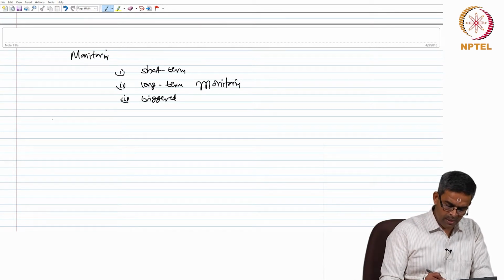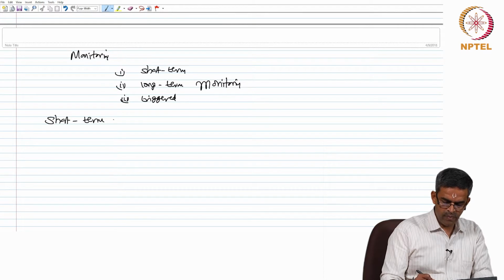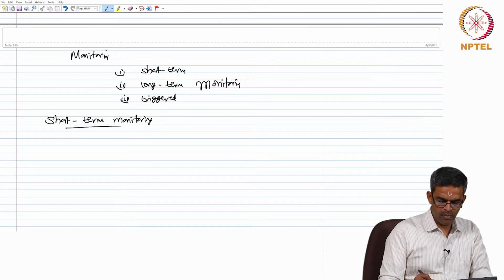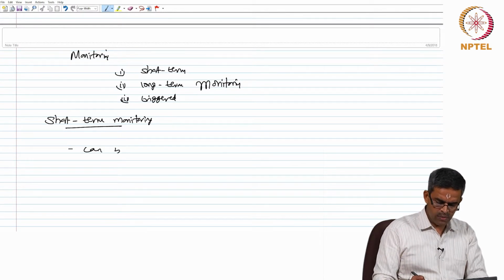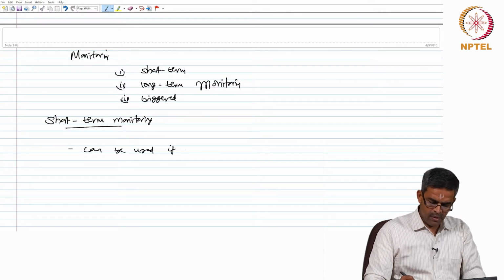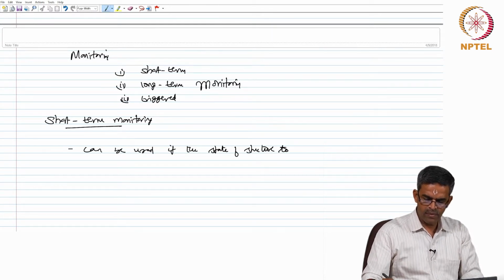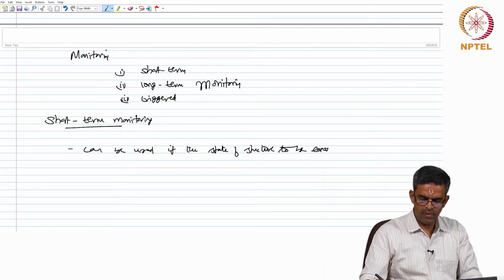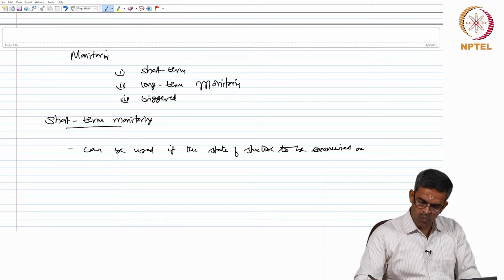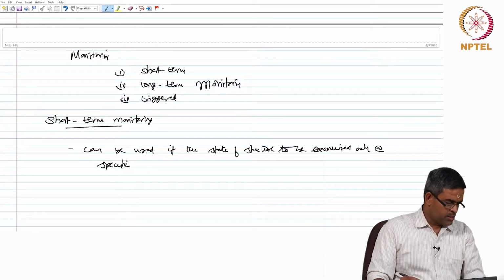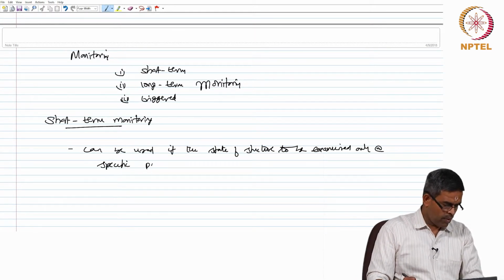What do we understand by short term monitoring? This can be used if the state of structure to be examined only at specific point of time.